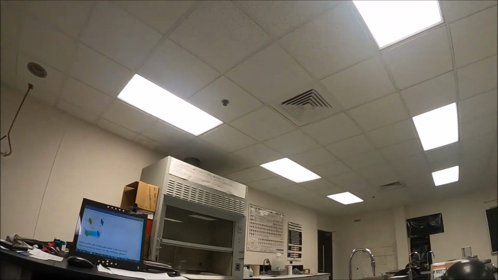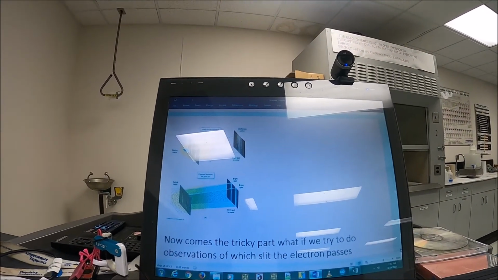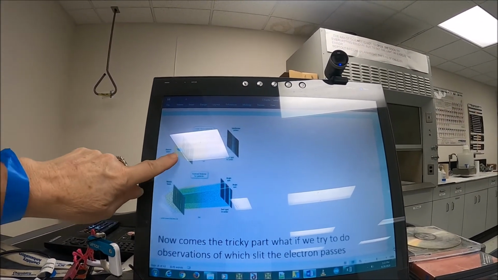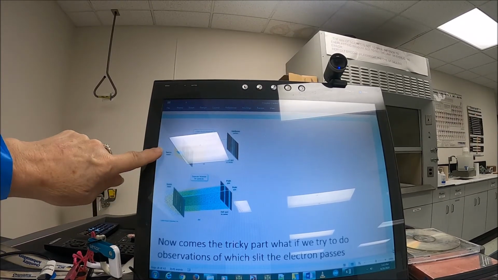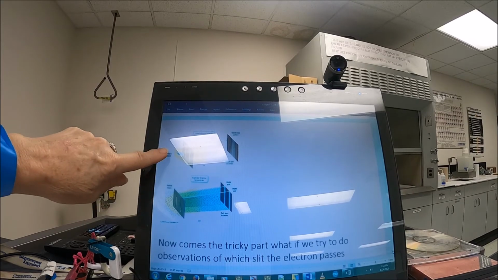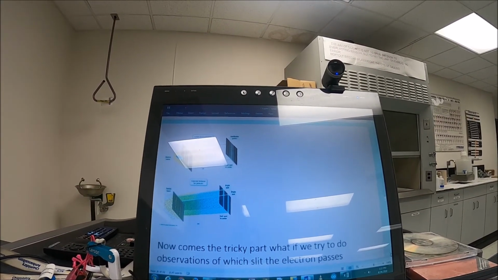Okay? And so let's look at the following. Now, let's look at it on my screen. All right, now, we know that when we pass electrons, or light, through double slits, we get a diffraction pattern.